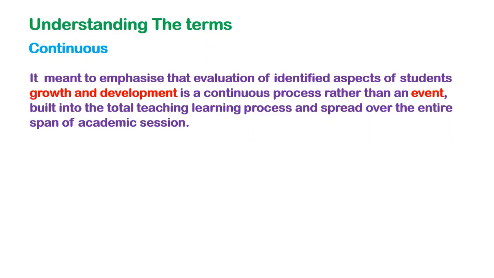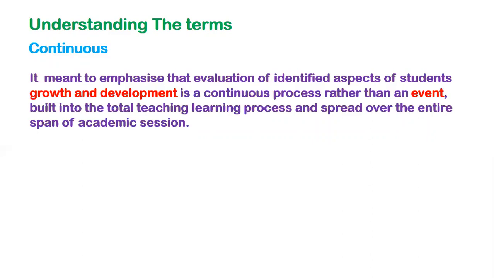No, it should be a continuous process. From starting till end, whatever objective or task you take should be continuously evaluated, so that you can build the learning process and the entire development takes place in the child.